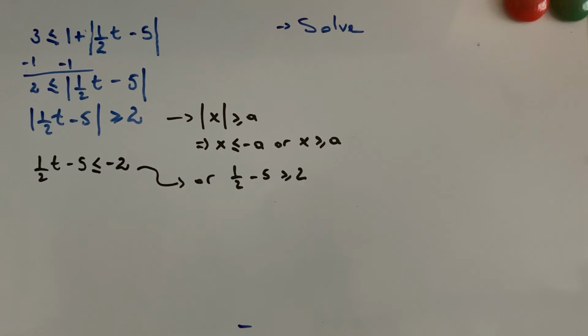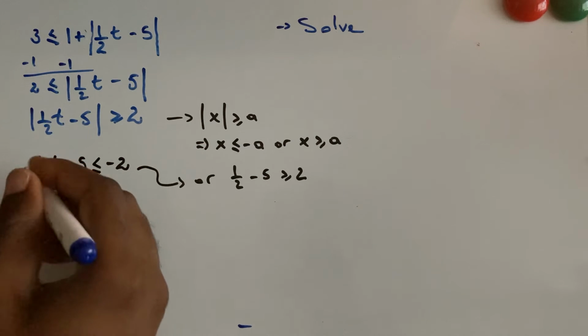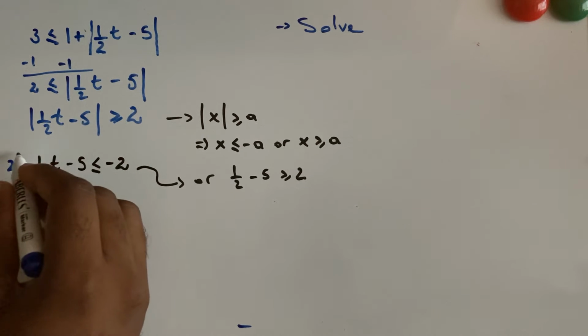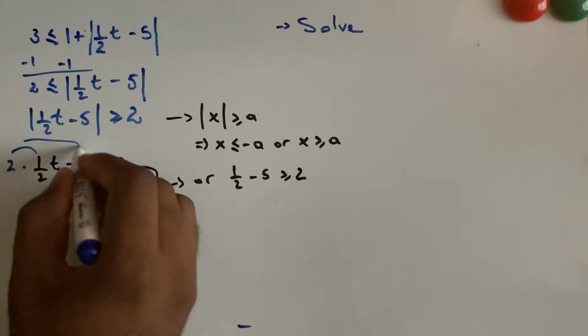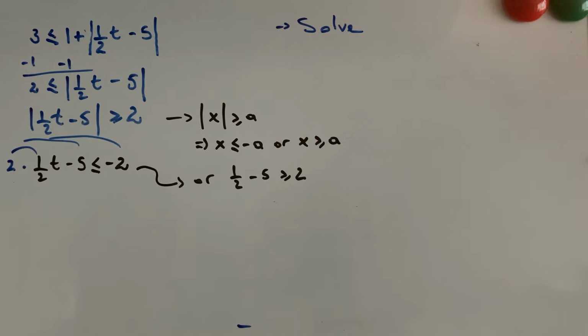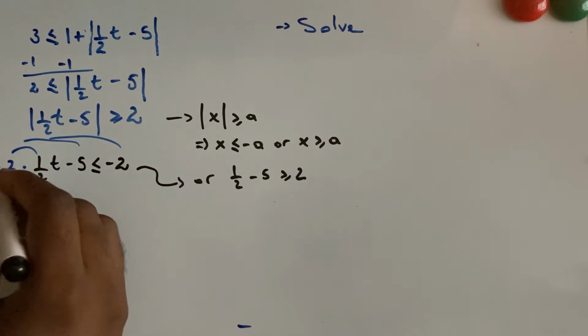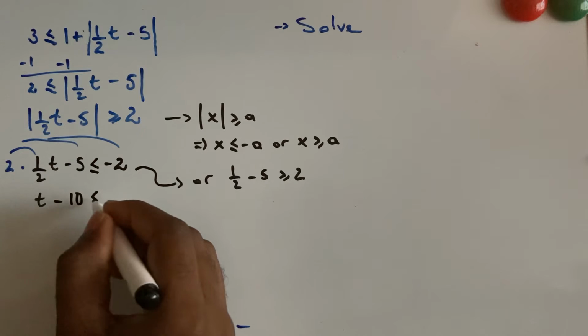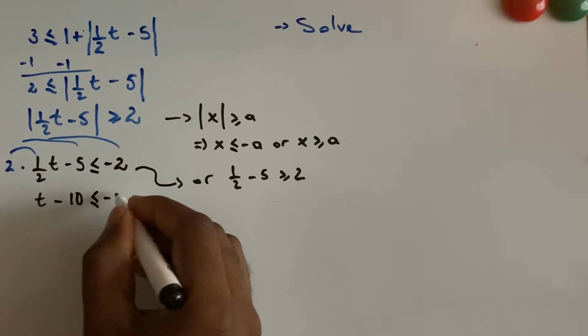On the left here, to get rid of the half, you can multiply everything by 2, the entire inequality by 2. So the first one by 2, by 2, by 2. You're going to do the same thing on the right. That will give you 2/2 t, which is 1 t, or just t, because the 2 is cancelled out. So just t minus 10 less than or equal to negative 4.